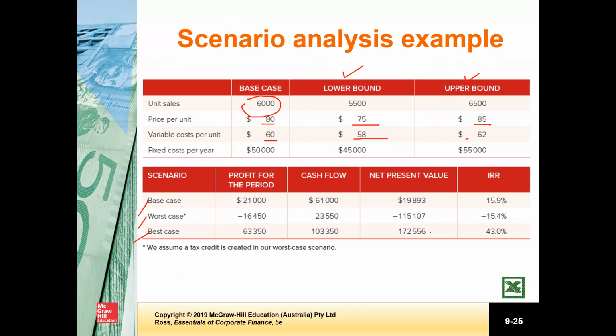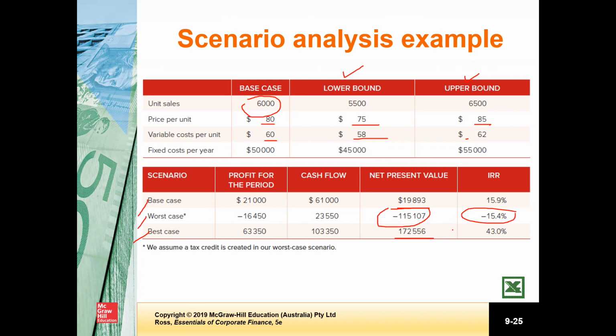For example, you can see that our base case NPV is positive, and so is our best case, but our worst case NPV is negative. The worst case IRR is also negative. So that gives us some idea of what might go wrong, and we can also understand to which scenarios or variables the NPV is more sensitive.